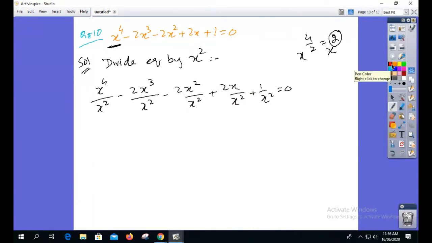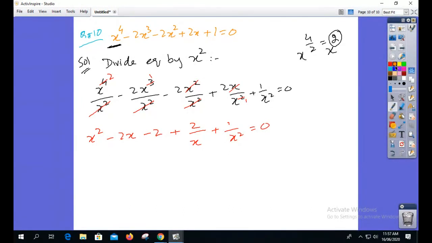By cancelling out, x square cancels by power 4, x square cancels by power 3, x square by x square, we have here power 1. What we have left? We are left with x square minus 2x minus 2 plus 2 by x plus 1 by x square.